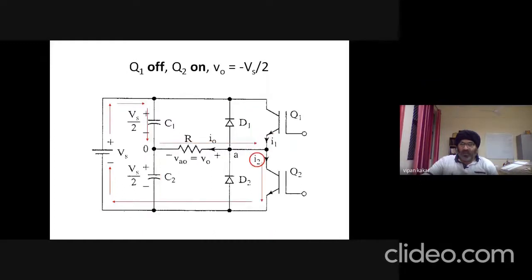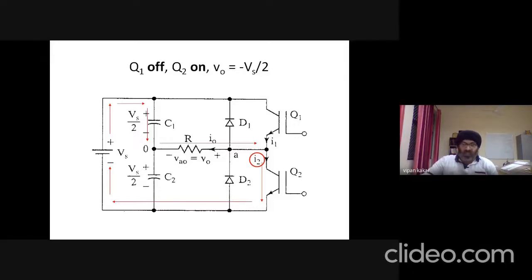Now when Q1 is turned off or opened, and Q2 is closed or switched on, the current flows through C1 from left to right, and then through Q2 back into the supply.